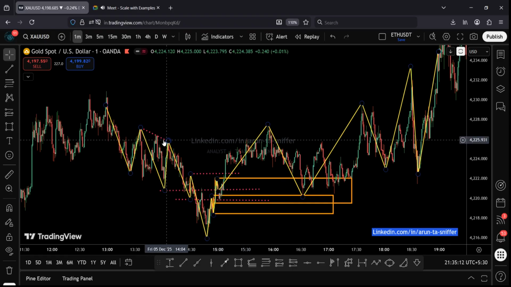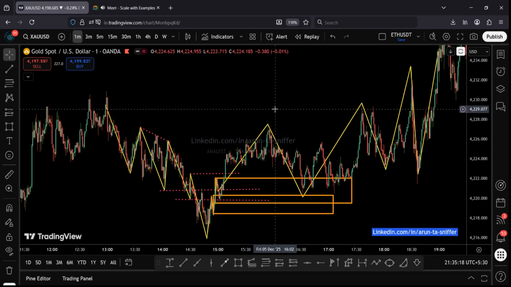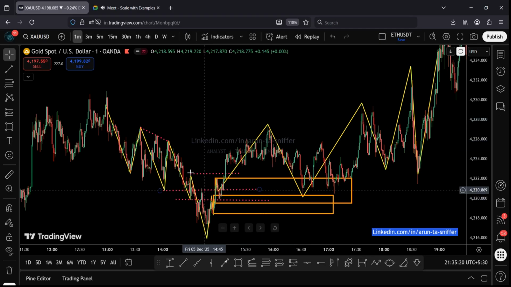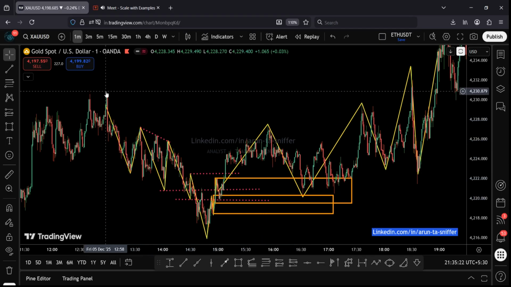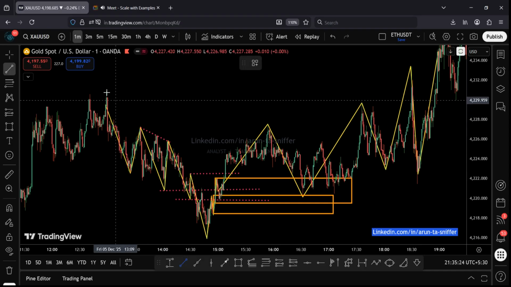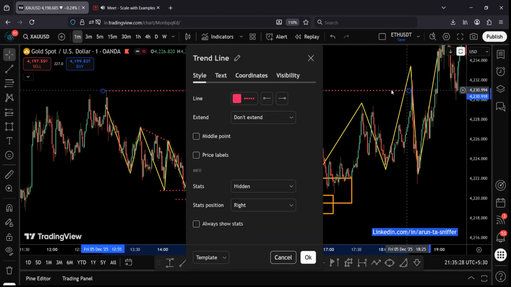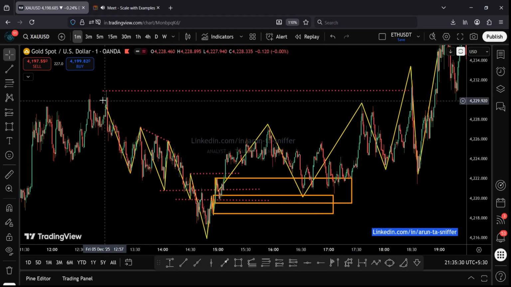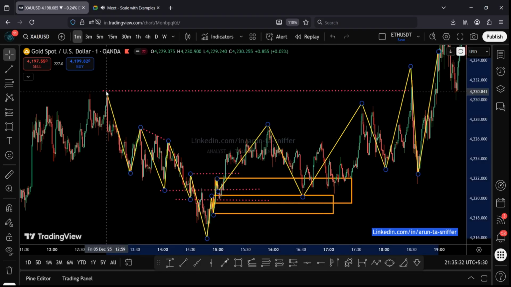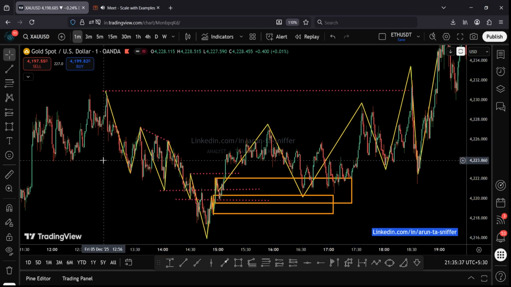It engulfed from here to here in one go. But if you look at this level, what is its low?